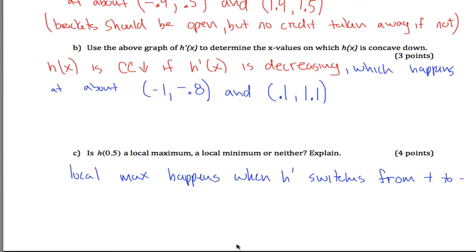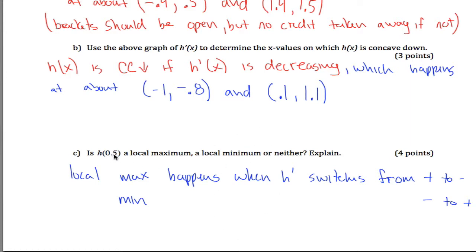So the idea there is if the function used to be going up and now it's going down, you're going to get a local maximum. In other words, if the derivative used to be positive and now it's going negative, you'll get a local maximum. A local min happens when h prime switches from negative to positive. Kind of same idea. If the derivative switches from negative to positive, the graph used to be decreasing, now it's increasing. We get a local minimum.